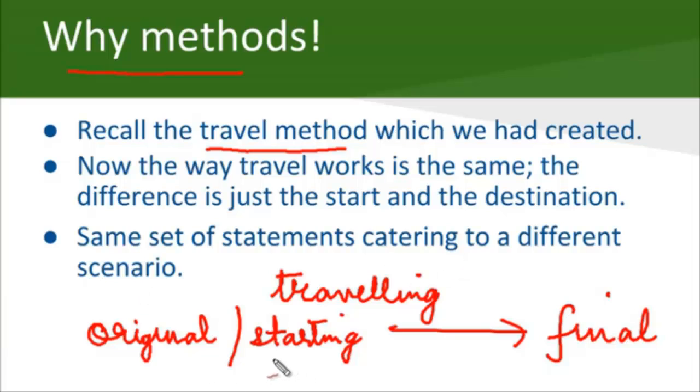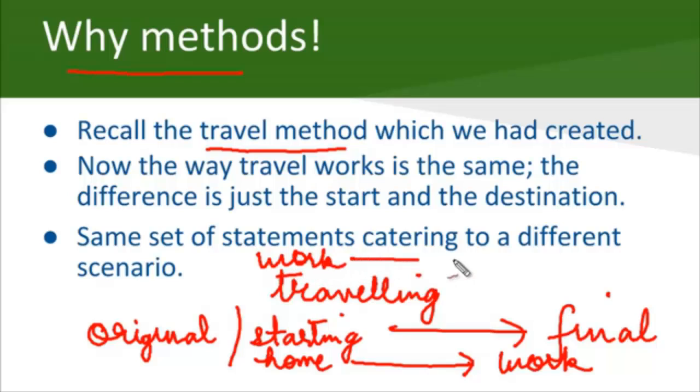So in our two cases where we use the travel method, in first case the starting destination was home and the final destination was work, while in the second case the starting destination was basically work and the ending destination was home.